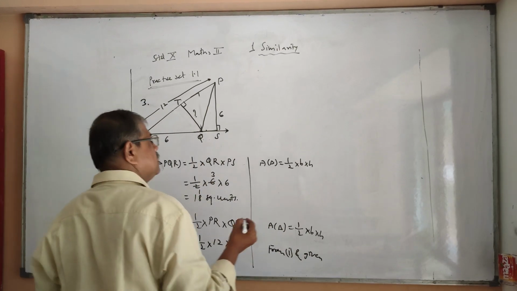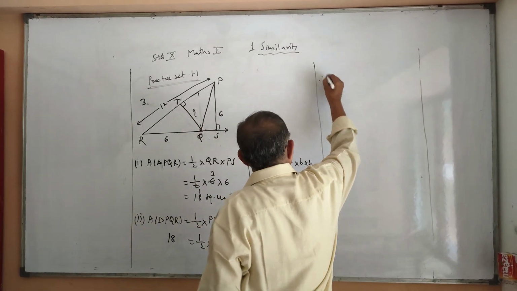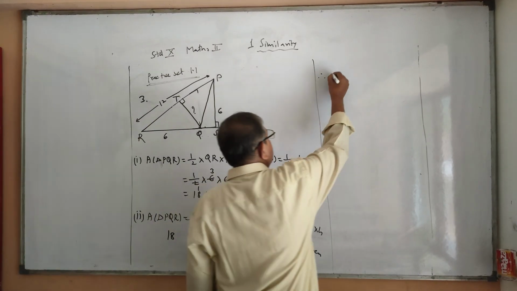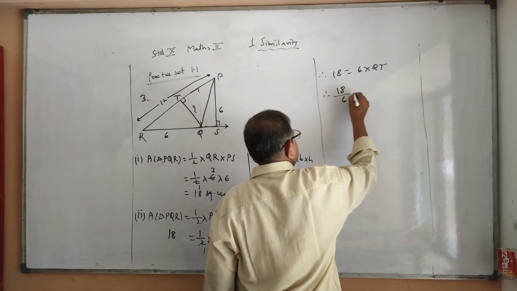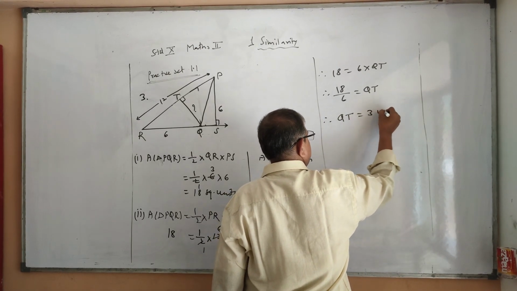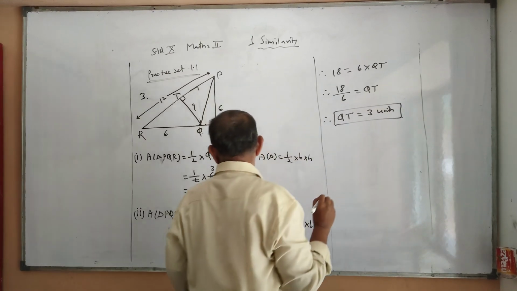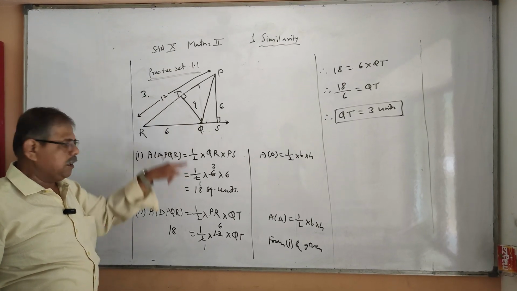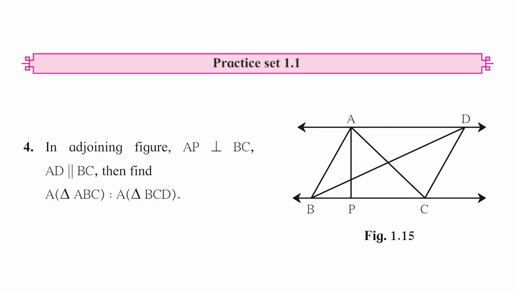So 18 is equal to 6 into QT. 18 upon 6 is equal to QT. Therefore, QT is equal to 3 units. This is my answer. Very simple question. We take the concept of base into height, but as the base changes, the corresponding height also changes, and we have to write it according to the base. Question 4.